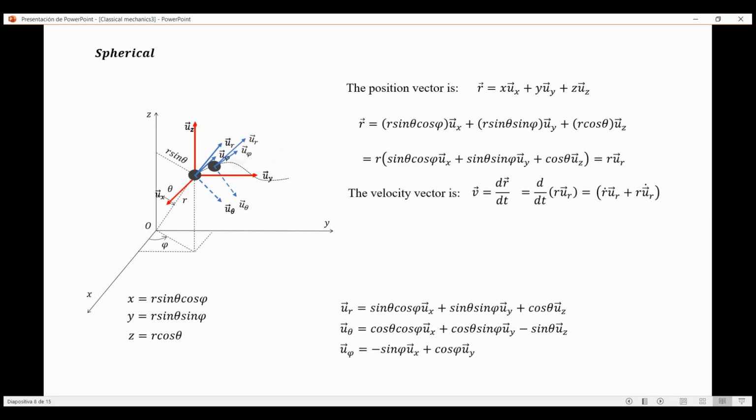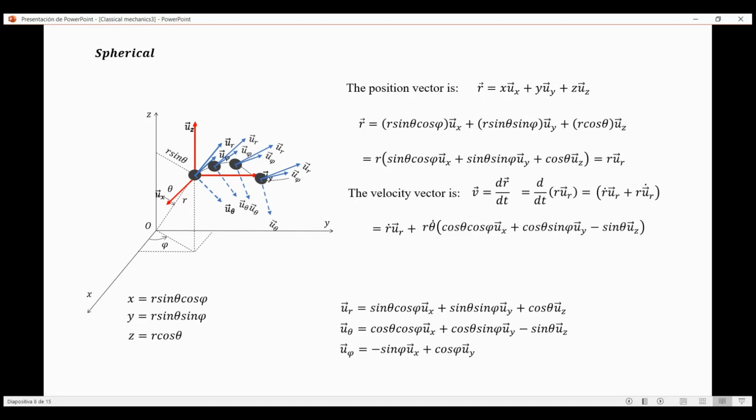When the particle moves along the trajectory, the coordinates vary, but so do the unitary vectors ur, u phi, and u theta. So the velocity is simply r dot ur, and now we derivate in time u sub r.